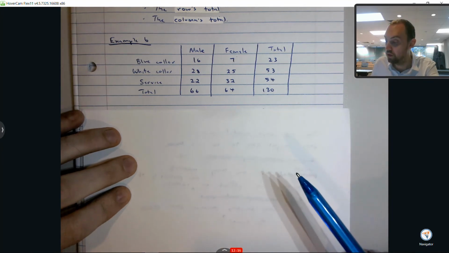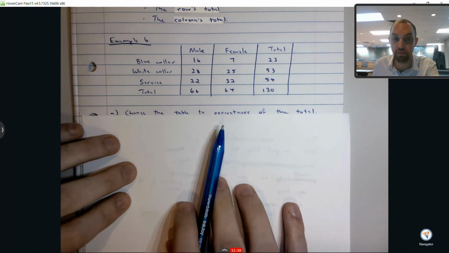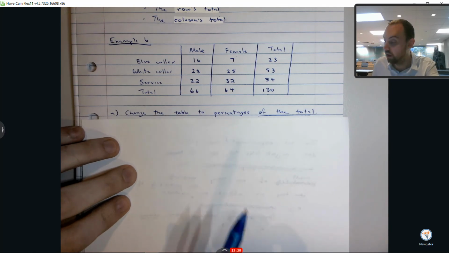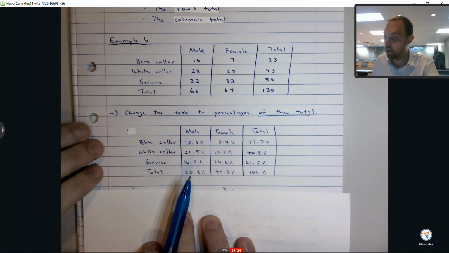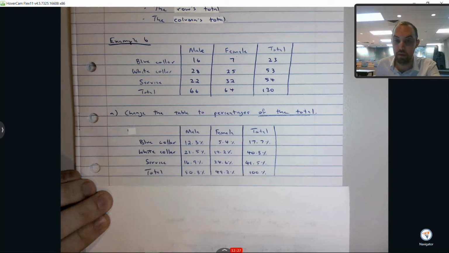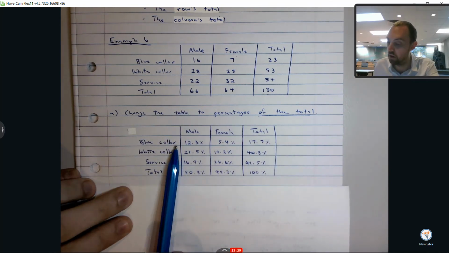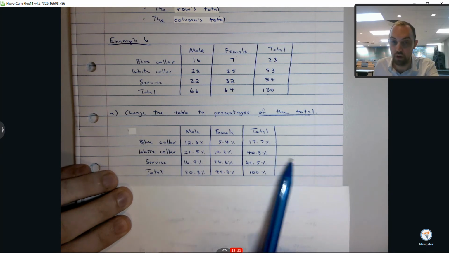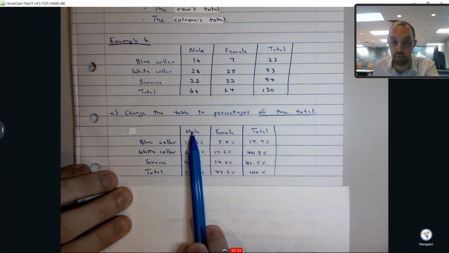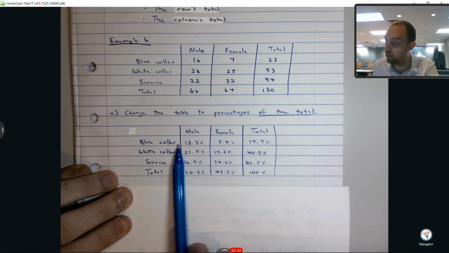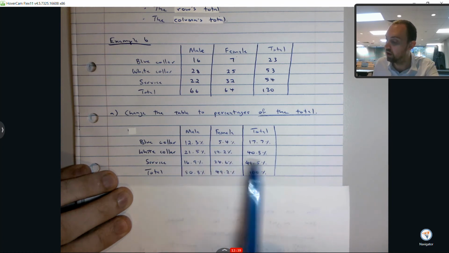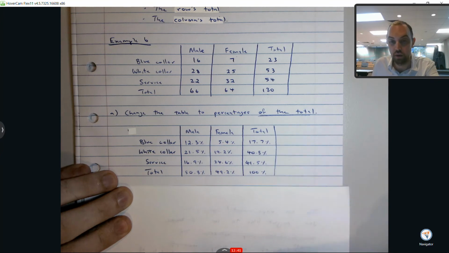If you choose to pause, alright, so with our percentage two-way tables, this is what we should have gotten. 12.3% are male blue-collar workers, whereas 5.4% are blue-collar female workers. And we get our total percentages.